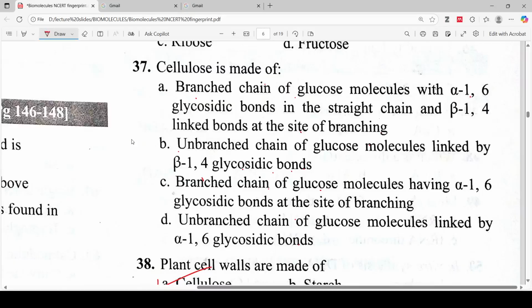You have to choose the correct statement from these four options. The correct answer is option B. It is an unbranched chain of glucose molecules linked by beta glycosidic bonds.